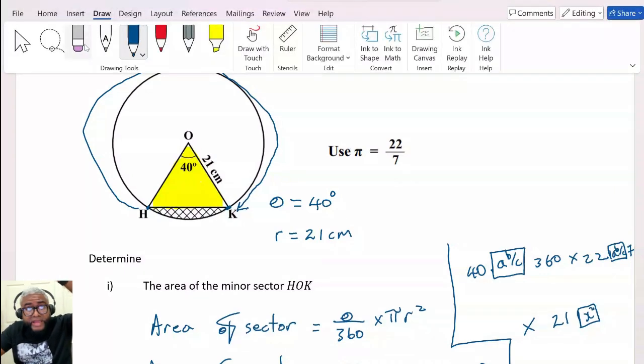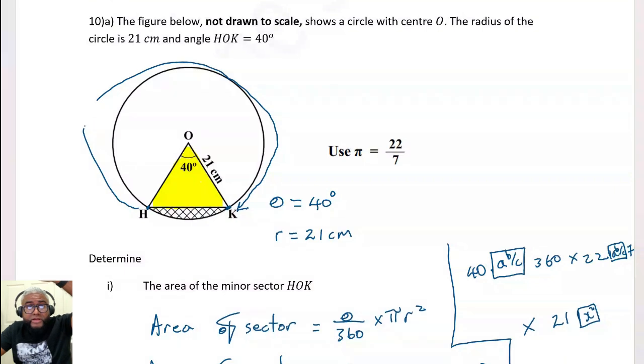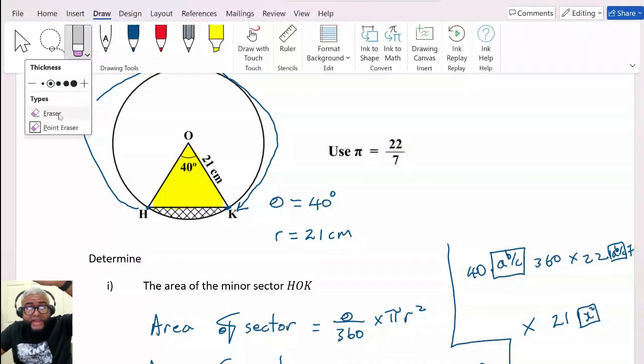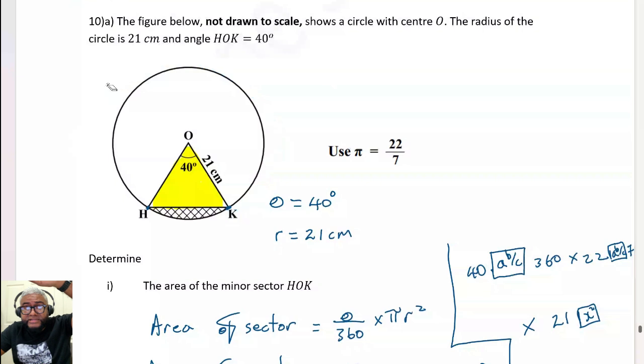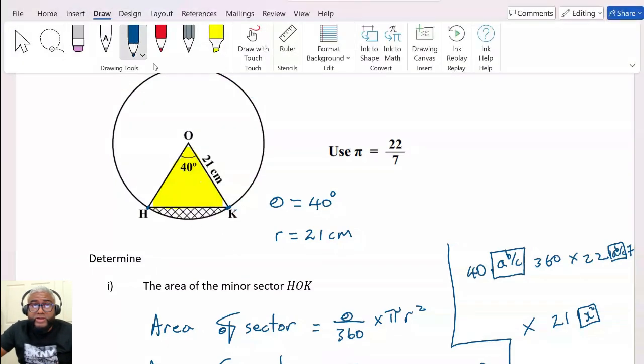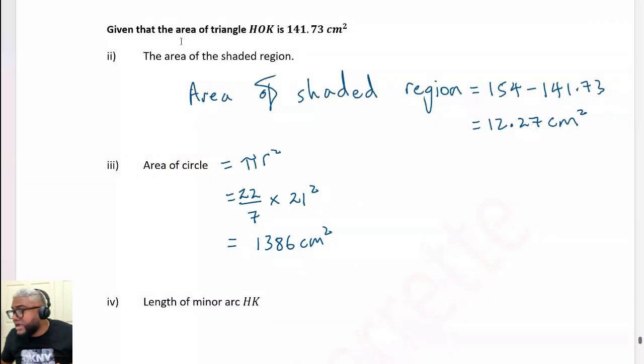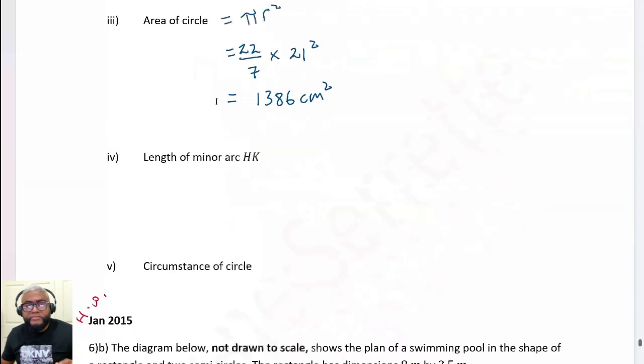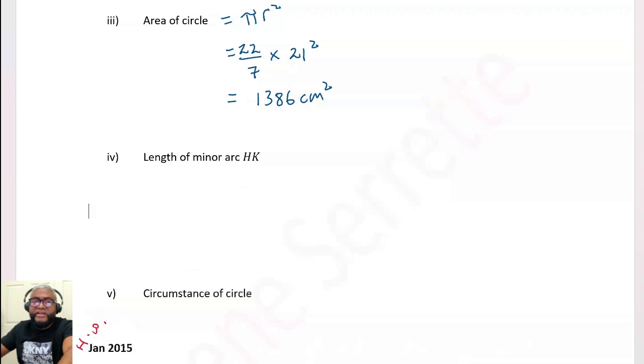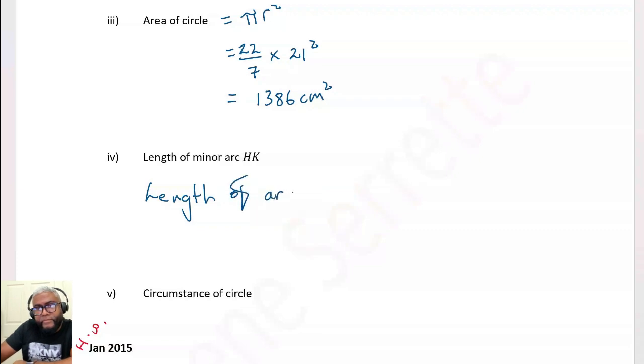The smaller piece would be the minor arc, which is actually connected to my sector underneath here. So we're going to find the length of the minor arc, which is the smaller piece down here. So what is the formula for length of an arc? Let me see if Akira knows the formulas. Akira.